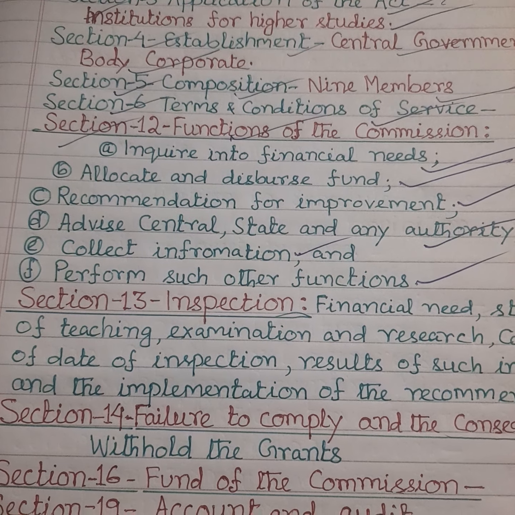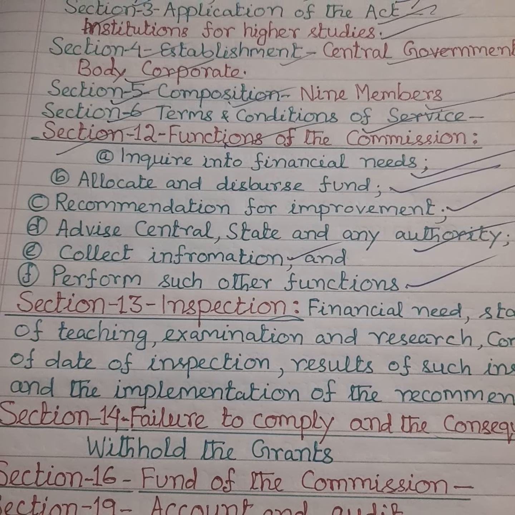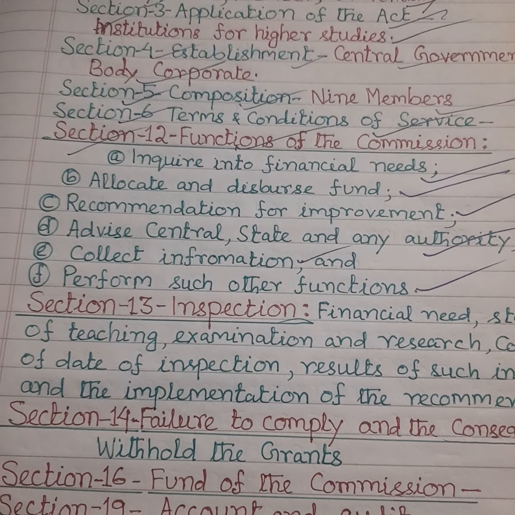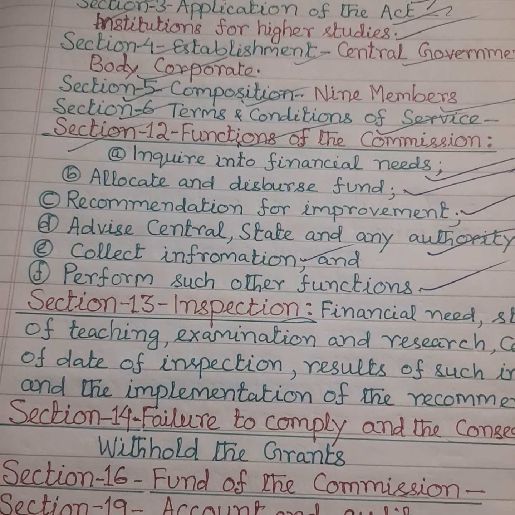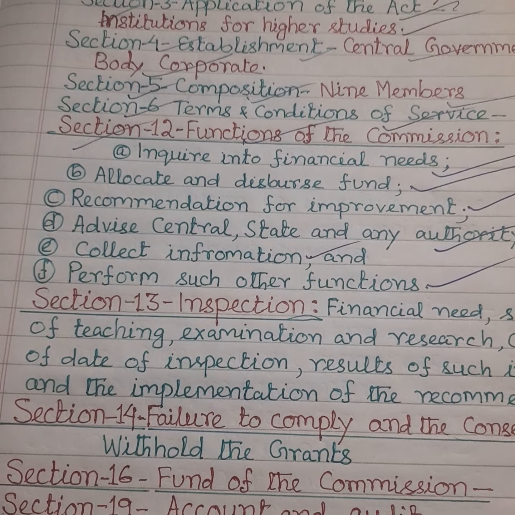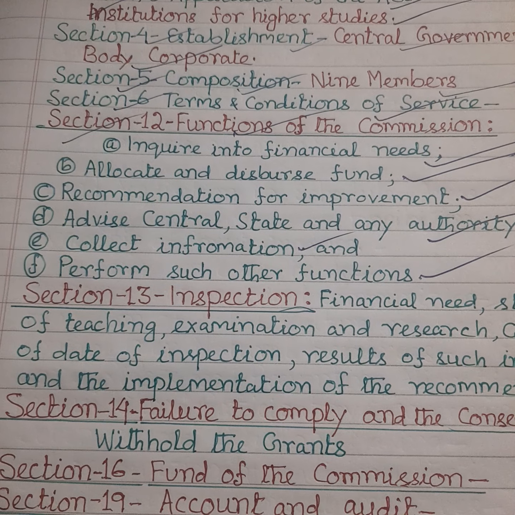Further, it would recommend to any university the measures necessary for the improvement of university education and advise the university upon the action to be taken for the purpose of implementing such recommendations.